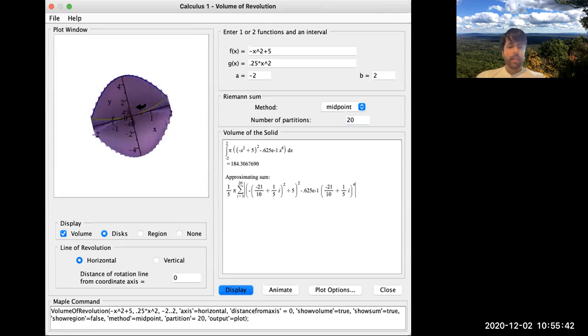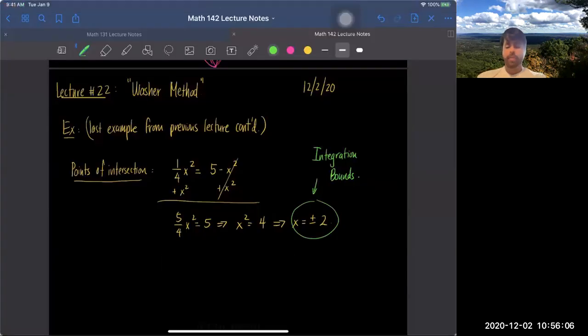Do you see how it fits better and better as I increase the number of discs? That's the idea. We're going to make those discs infinitesimally small, meaning we fit an infinite number of these discs. And when we do so, we get the integral, which represents the exact volume.